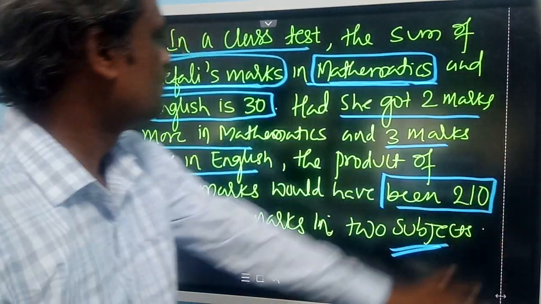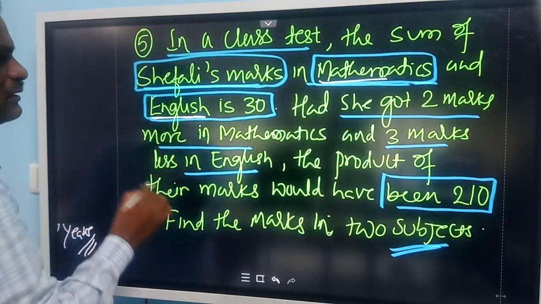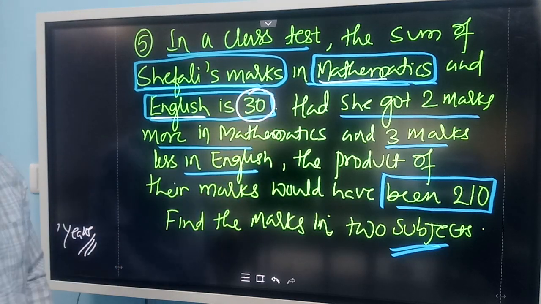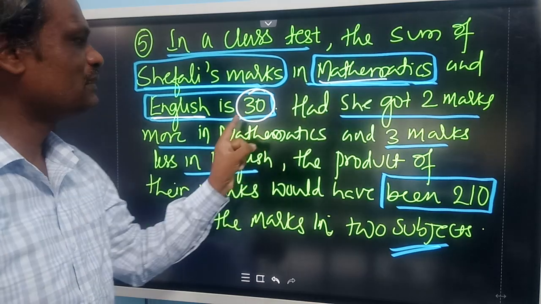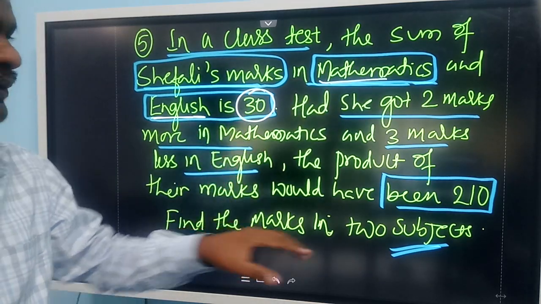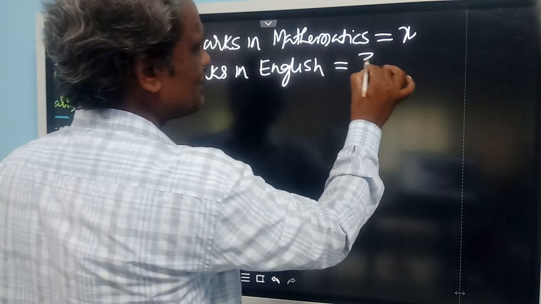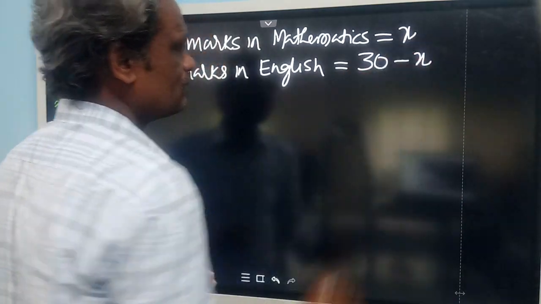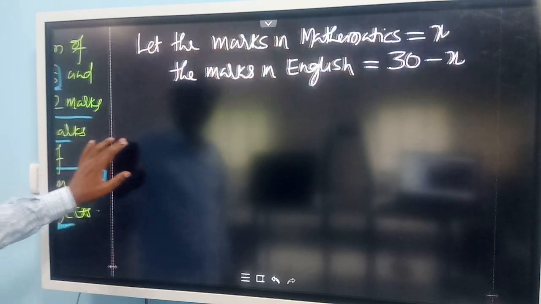Look at this question: mathematics marks and English marks together she is getting 30 marks. So once you know that this is x, then English must be 30 minus x. So in one variable, you can write it as 30 minus x. So this is the marks obtained by her in mathematics and in English.